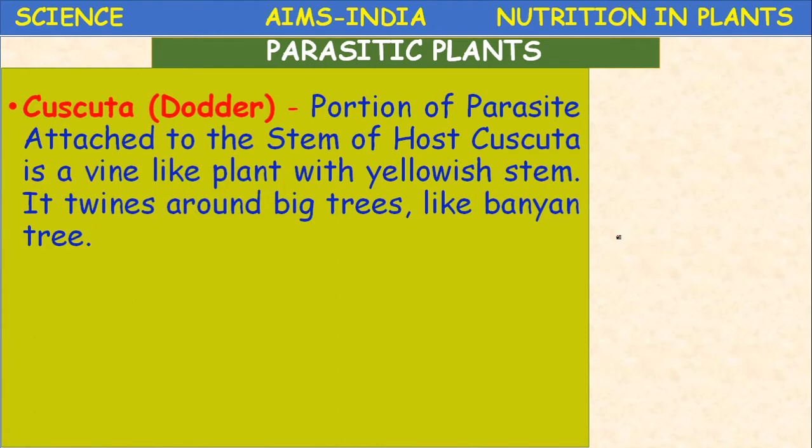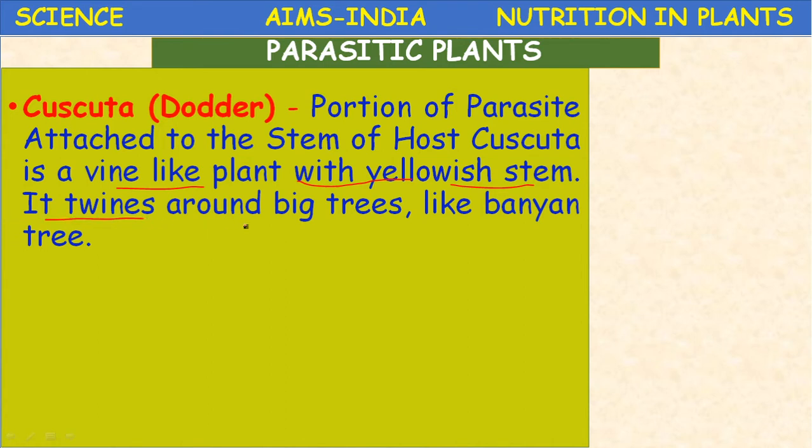Parasitic plants, Cuscuta or dodder. The portion of the parasite is attached to the stem of the host. Cuscuta is a vine-like plant with a yellowish stem. These are the characteristic features: weak stem, yellowish stem. It twines, it is like a twiner.